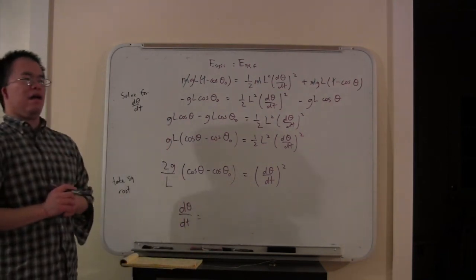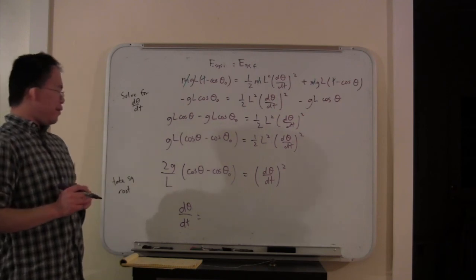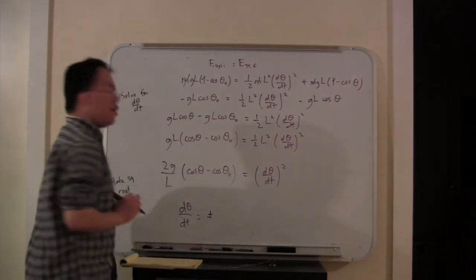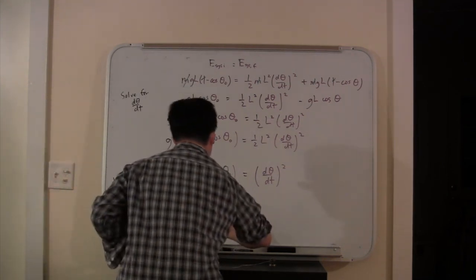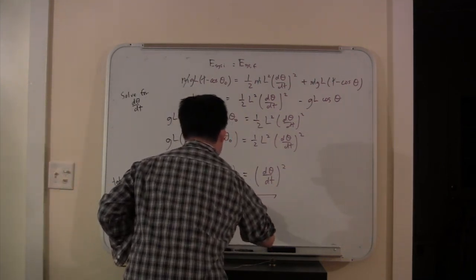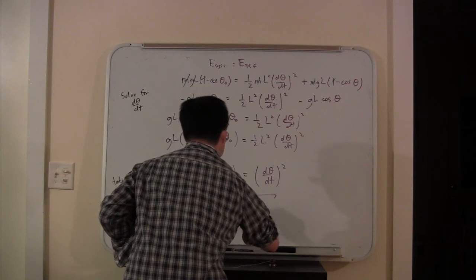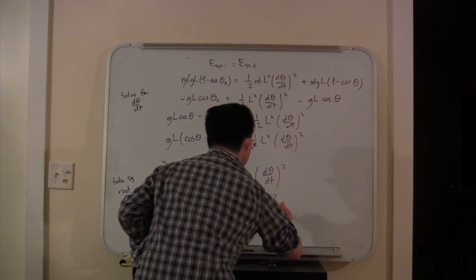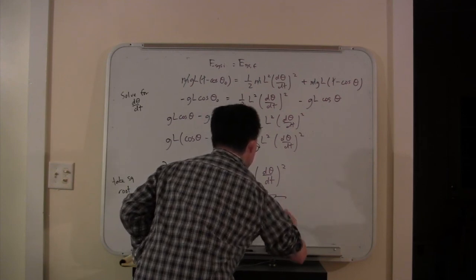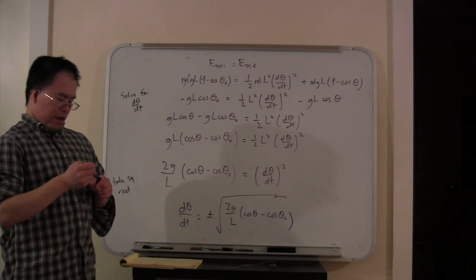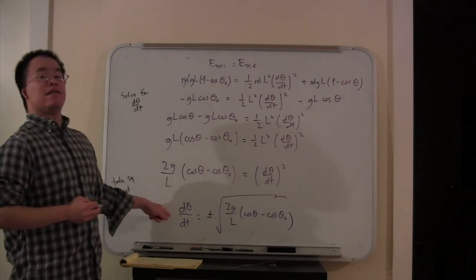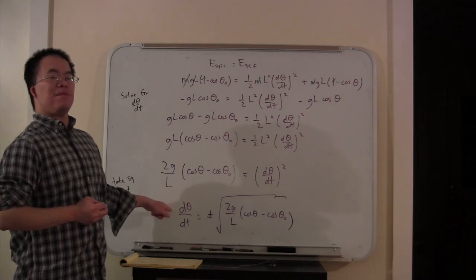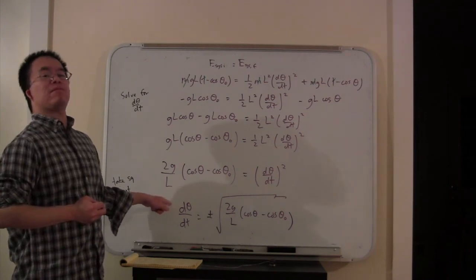I'm going to take either the positive or negative square root. I'm just going to remember that that's possible. I'm going to write this as plus or minus the square root of 2g over L, cos theta minus cos theta naught. Okay, so we have now arrived at a differential equation for d theta dt. The next step is, what do we do about solving it?